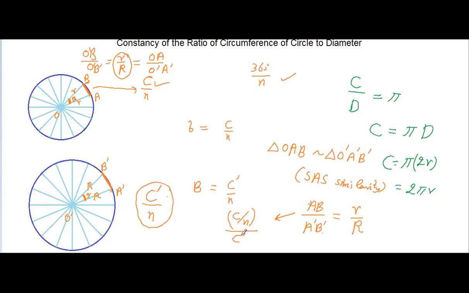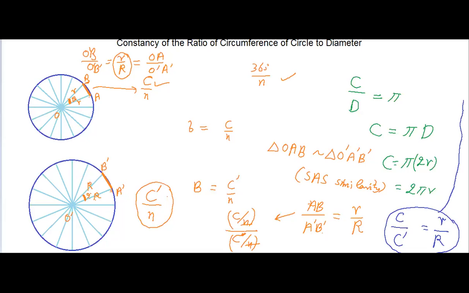So C dash divided by n. n cancels here. So what we get is that the ratio of the circumference of the smaller circle to the circumference of the larger circle is equal to the ratio of the smaller radius to the larger radius.